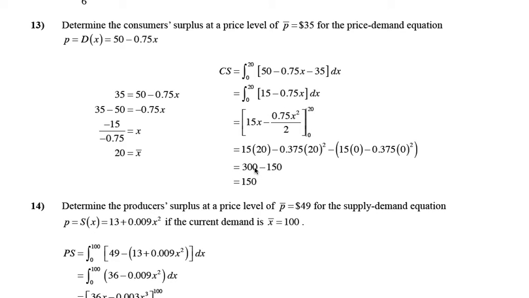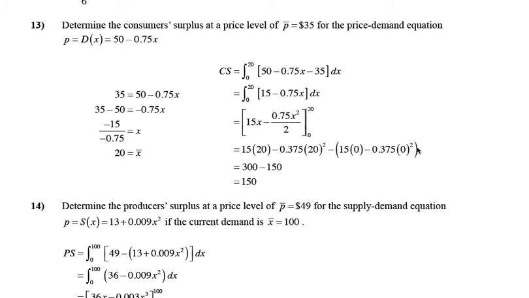When you subtract 150 from 300, you get 150. Of course, the other limit of integration is 0, and this antiderivative evaluated at 0 is just 0. You plug a 0 in here and a 0 in here, and you're just going to get 0.